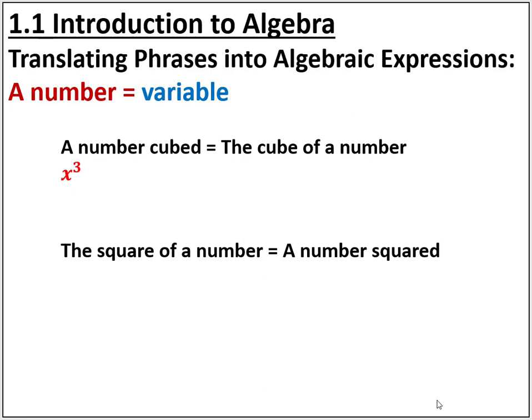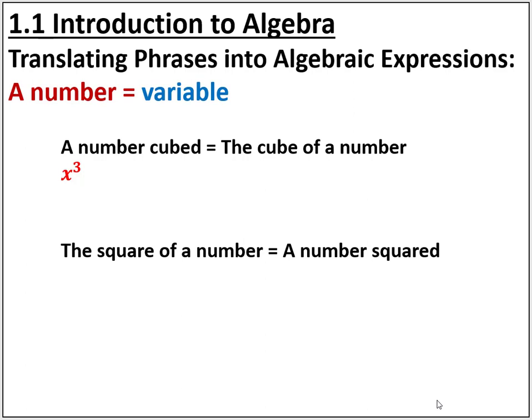In the next example, it says the square of a number. When it says the square of a number, it can also mean a number squared. So it's similar to the format of the previous example. So when it says the square of a number or a number squared, it's referring to being raised to the second power.